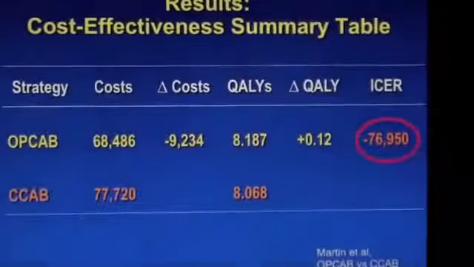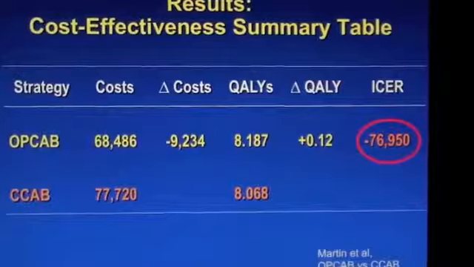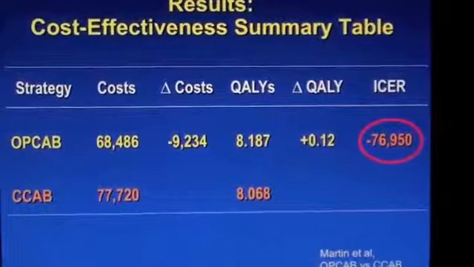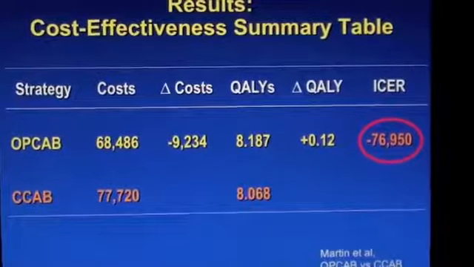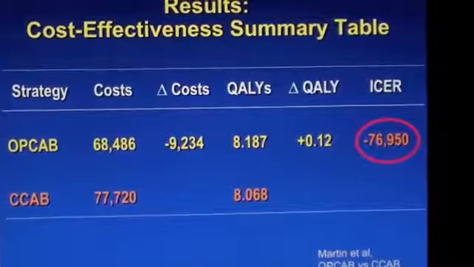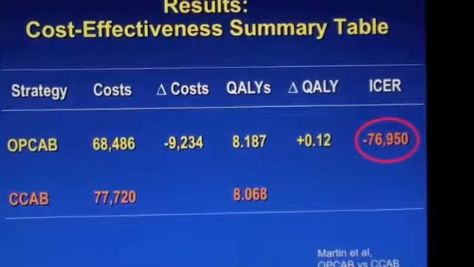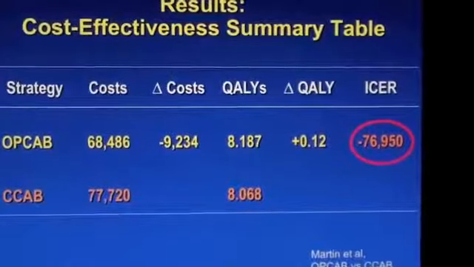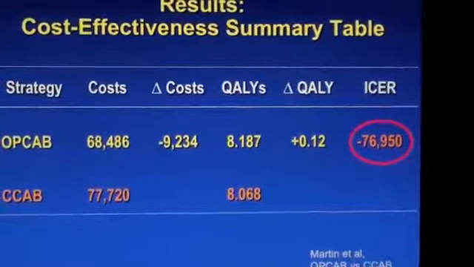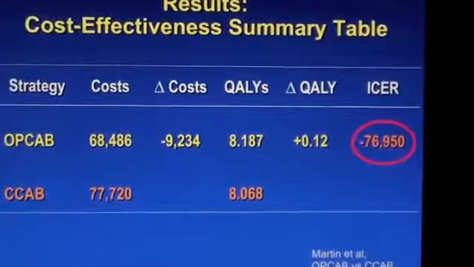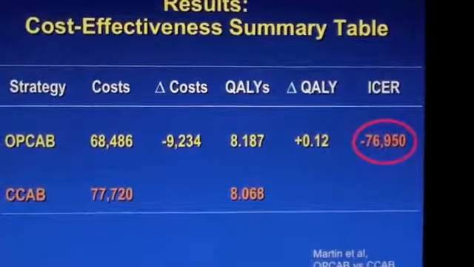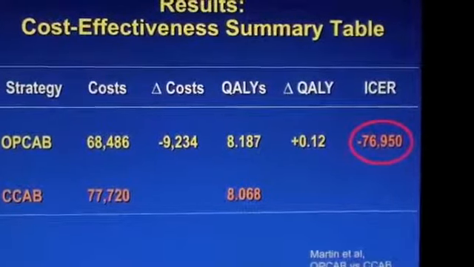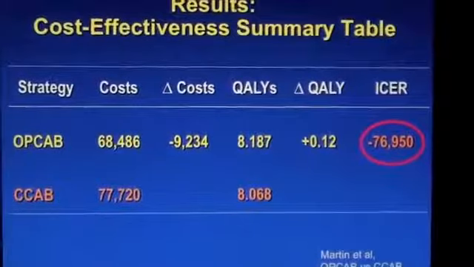And here we calculated the costs over the horizon of a lifetime for doing off-pump bypass surgery versus conventional coronary artery bypass surgery. And we also calculated the QALYs. Now we had to do this by bringing in some data beyond that available from clinical trials, because the clinical trials were actually of a short-term horizon.